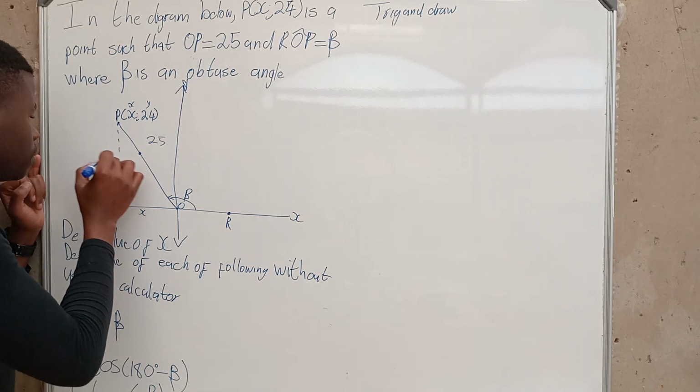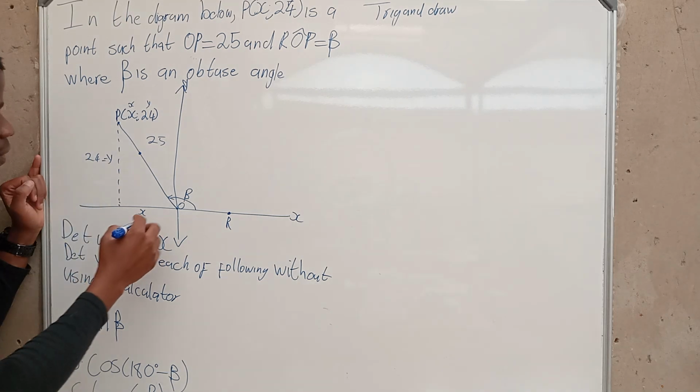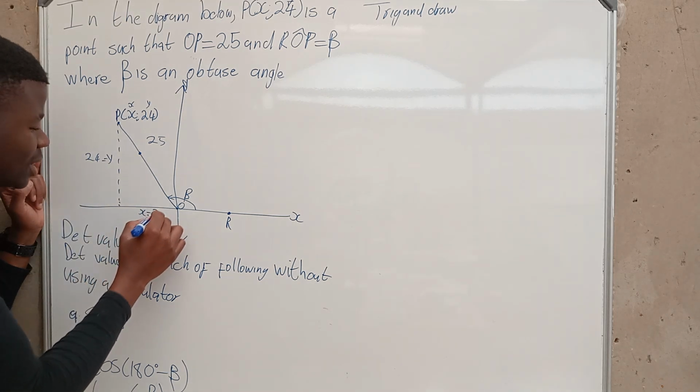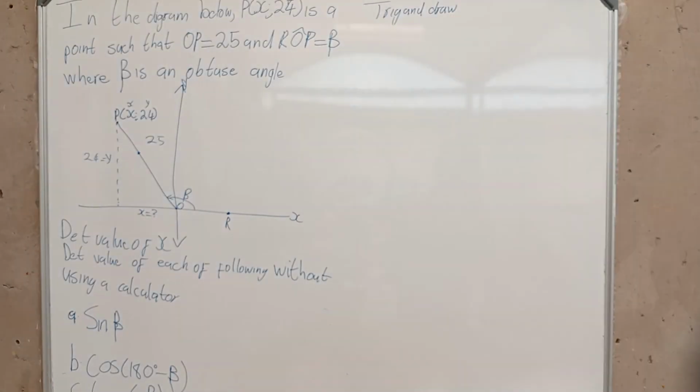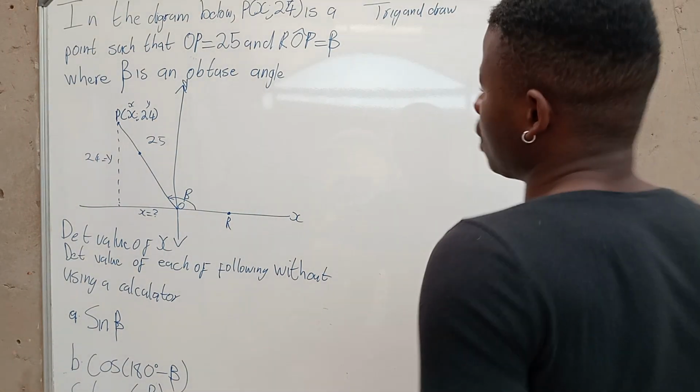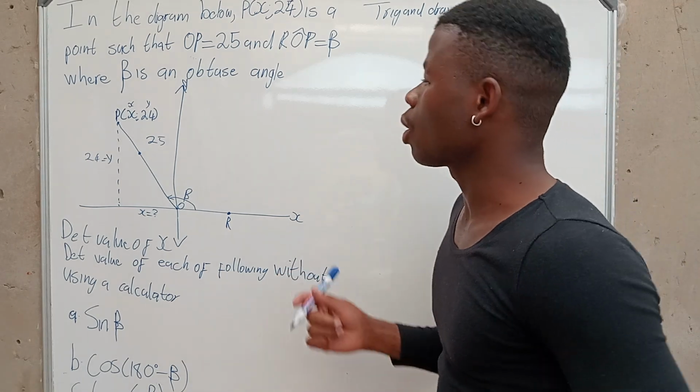My y is equal to 24, and my x is an unknown. So how will I find my x? I am going to use the theorem of Pythagoras.